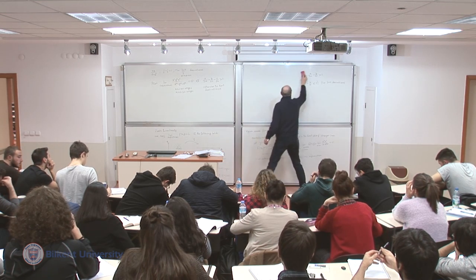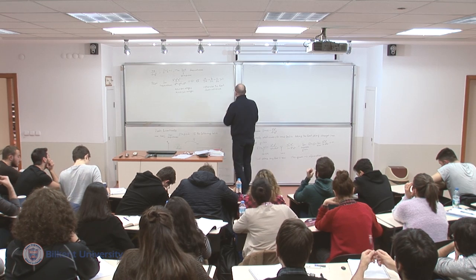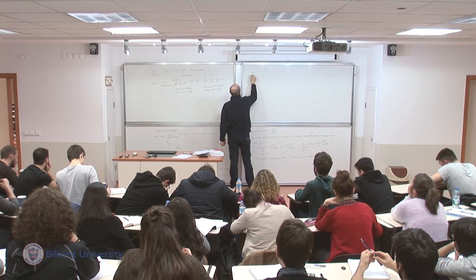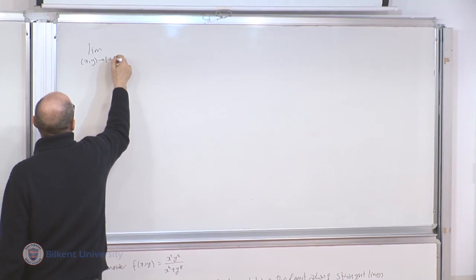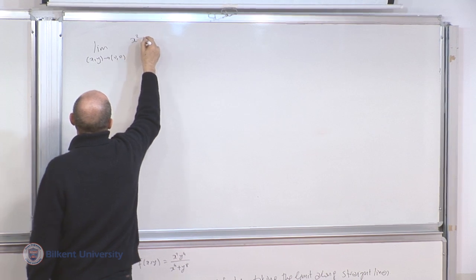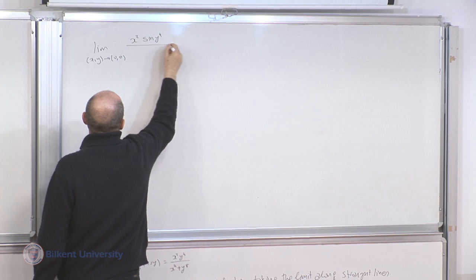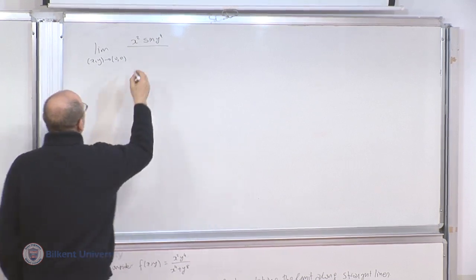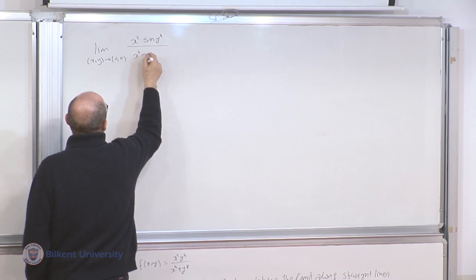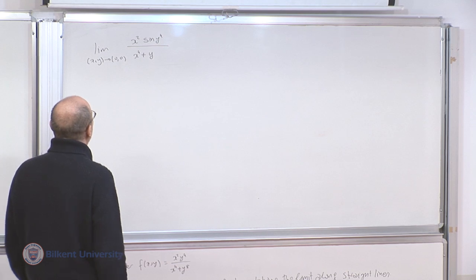So let me invent another problem. Let's look at the limit as (x,y) goes to (0,0) of x squared sine y to the 4 divided by x to the 4 plus y to the 6.